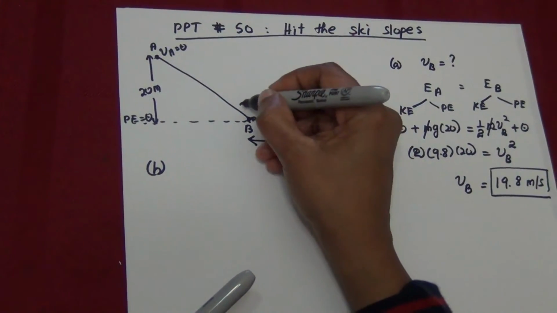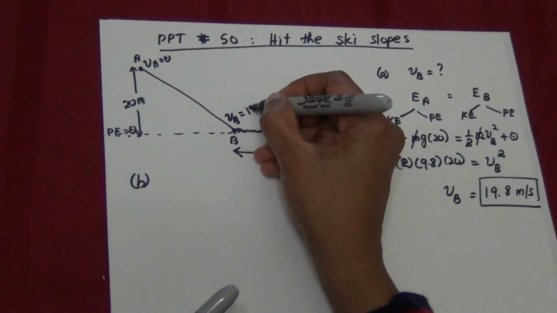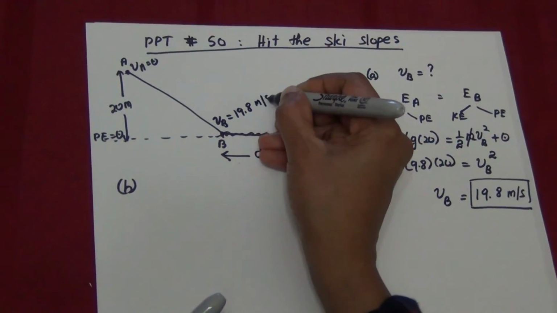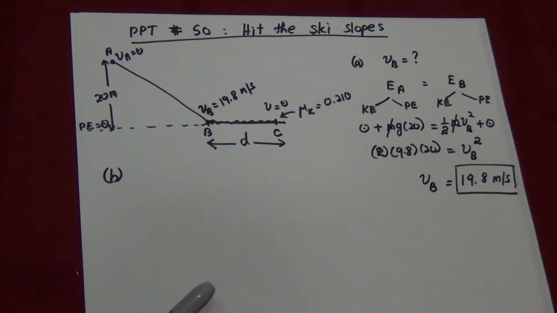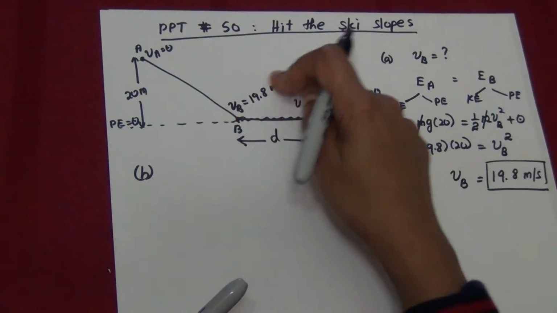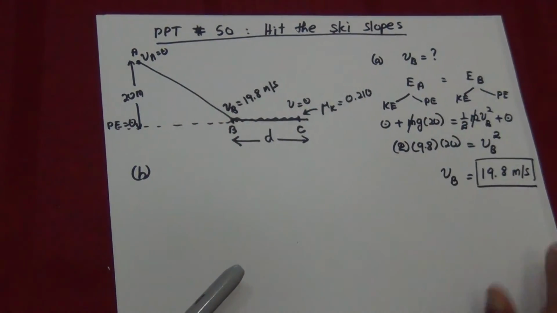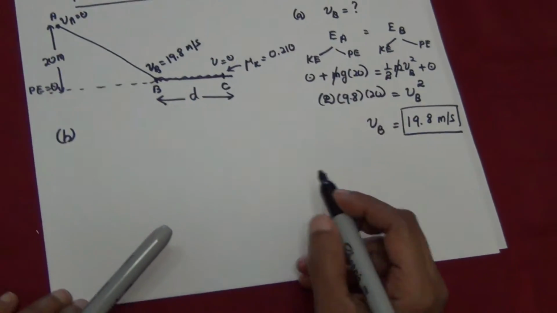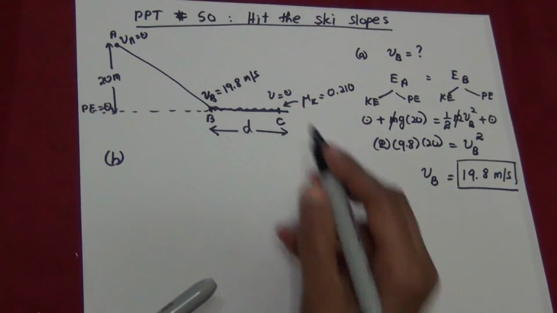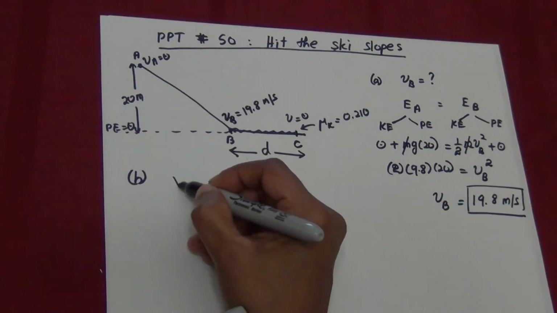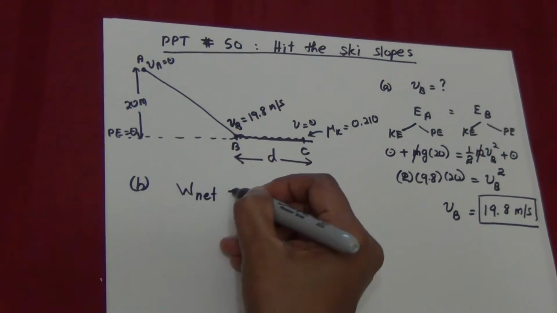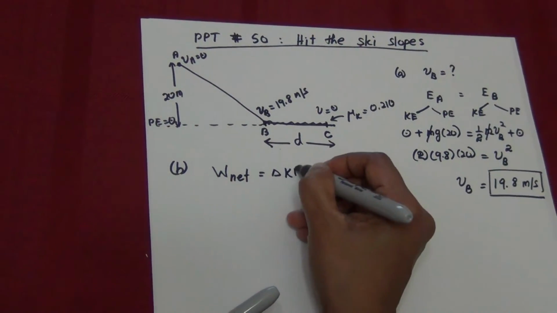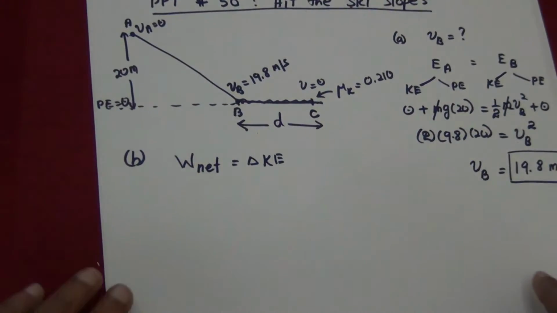So we now know what is VB, which is 19.8, and here it is 0. So can we use conservation of energy here? No, because it involves frictional force, which is non-conservative. So to find d, we have to go back to the work kinetic energy theorem, right?